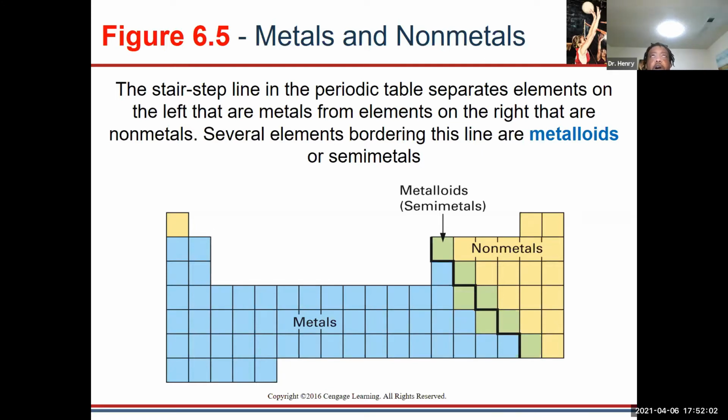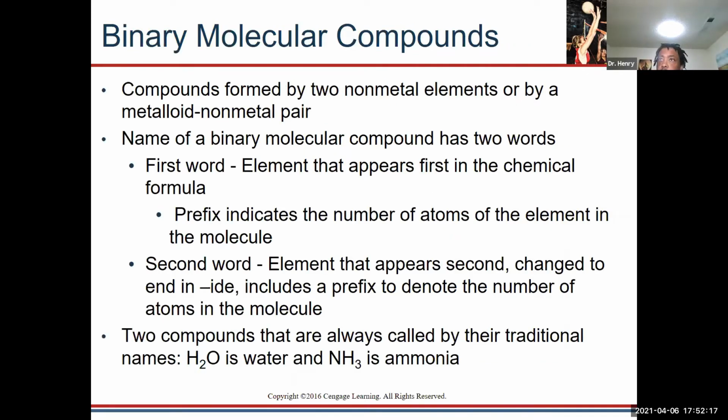So when we're doing our nomenclature, a lot of our names are going to be two items. I'll make it a little more complicated, so it can be more than two items. What do I mean by that?